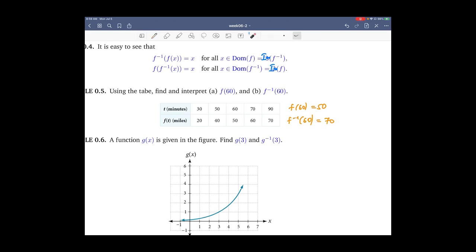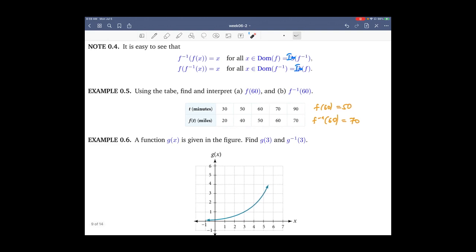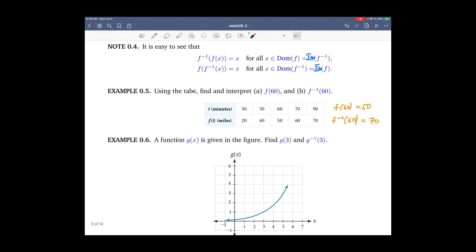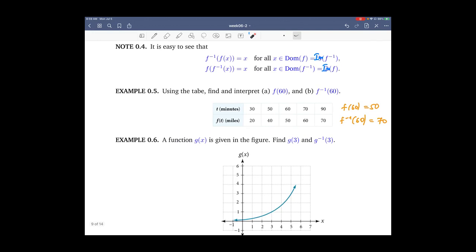In general, it's very simple to obtain the inverse of a function given by a table. All you need to do is simply flip the two rows. So this function gives f as a function of t.